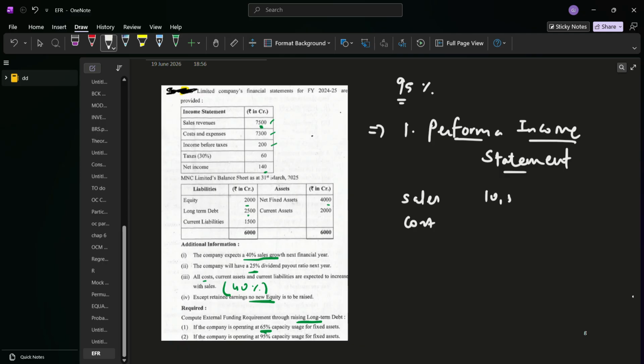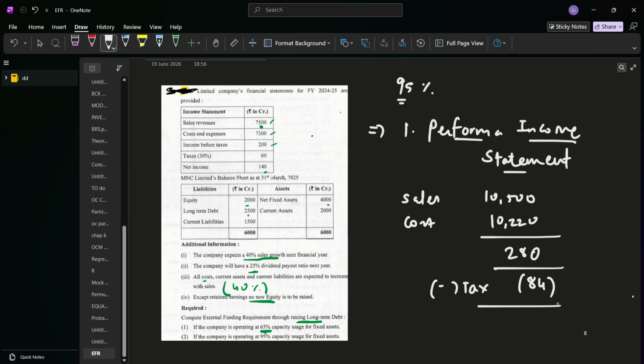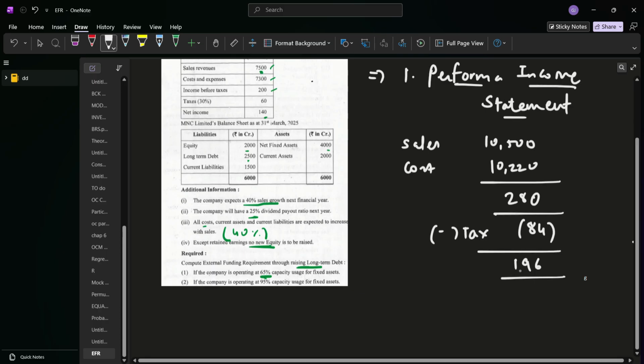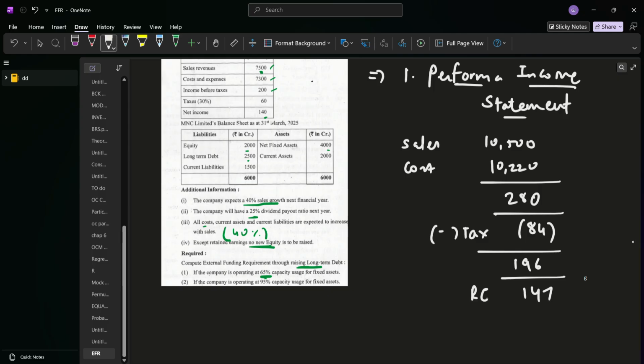That is sales 10,500, cost 7,300 into 1.4, 10,220. 10,500 minus 10,220, which is 280, minus tax, which is 30%. That is 84. Correct. 196 is our net income, but we are paying our 25% dividend. So the retained earnings is 147, which is our internal financing.